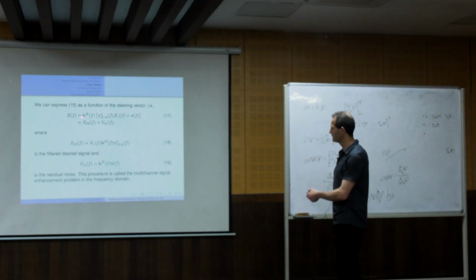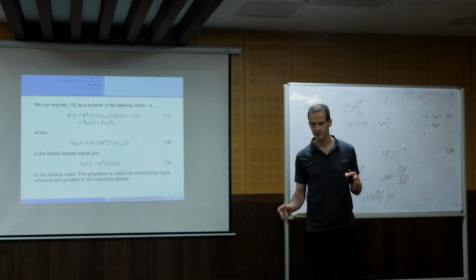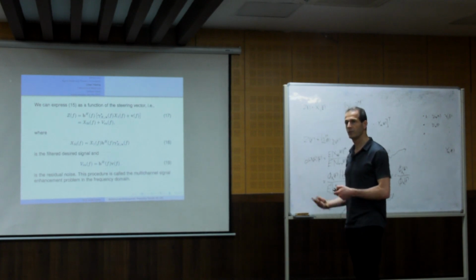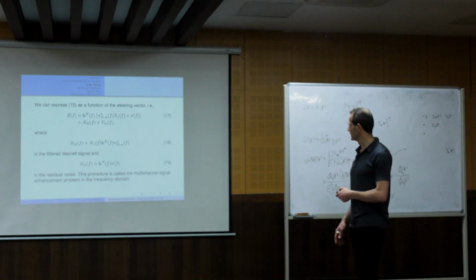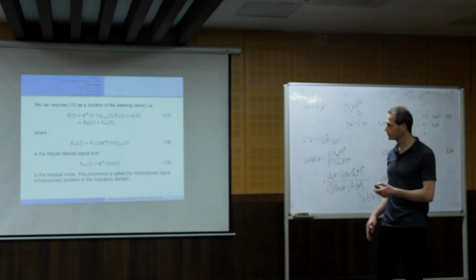So this component, filter desired. See here, filter desired? If I want no distortion, like the MVDR filter, so the filter desired should be what? X1, exactly. So X1. So the constraint or the requirement for MVDR, what will it be?